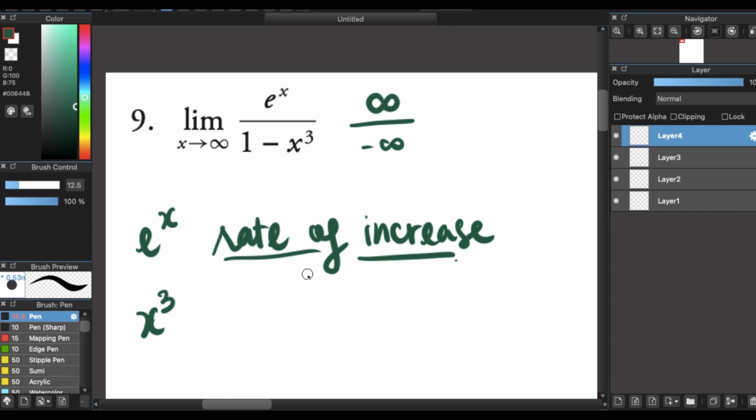So the rate of increase for e to the power of x is much larger than that of x to the power of 3. So we can see that when x approaches infinity, the value here is increasing much more than the value here. It's going to be something like this, right? So we can conclude that.